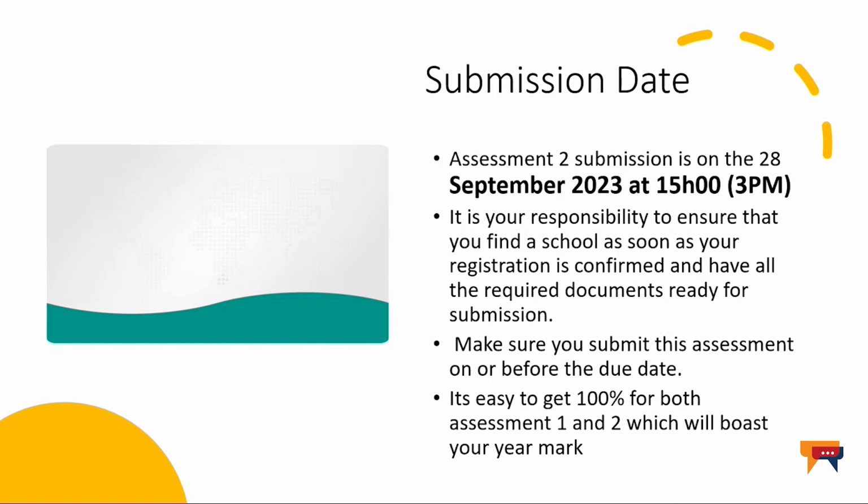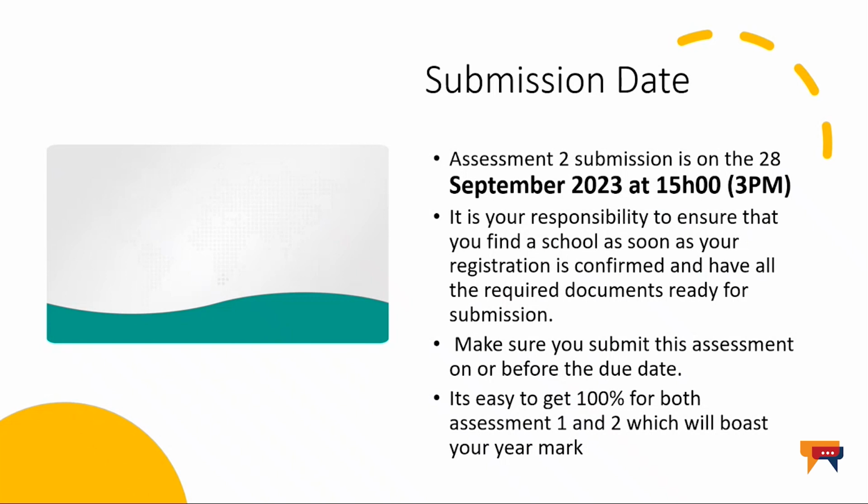In every issue of life, if we wait for the last minute, any small obstruction is going to throw you out. It is your responsibility to ensure that you find a school as soon as possible. I'm emphasizing that so that you have a confirmation letter. If you have a confirmation letter and the mentor reports, you'll only be left with a supervisor evaluation form to attach.